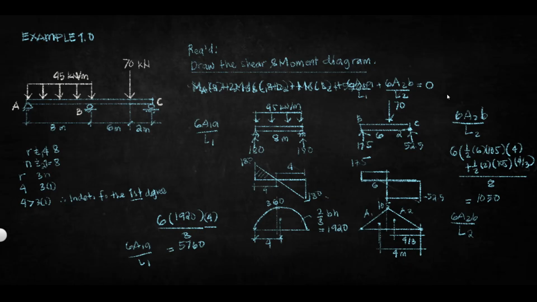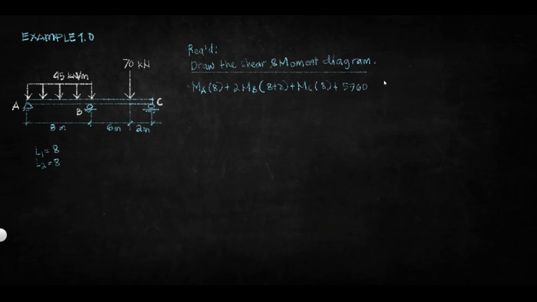And then, for the next, okay, so ang next natin ay 6A2B. So, ang lumabas is 1050, plus 1050, which is equal to 0.